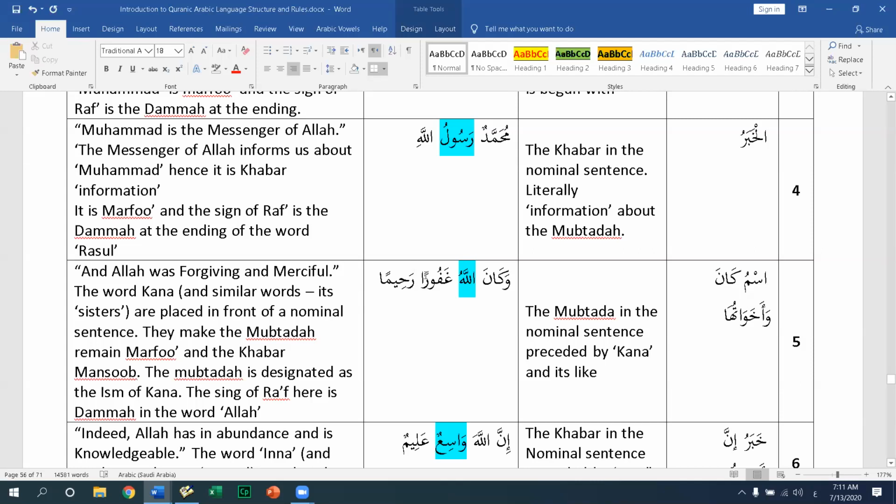What does it mean? Ghafur, maybe I should leave this lesson for later. I just wanted to explain the utilization of kana. Allah was forgiving and merciful. You know what? I'll repeat it in more detail later. So Allah was forgiving and merciful.